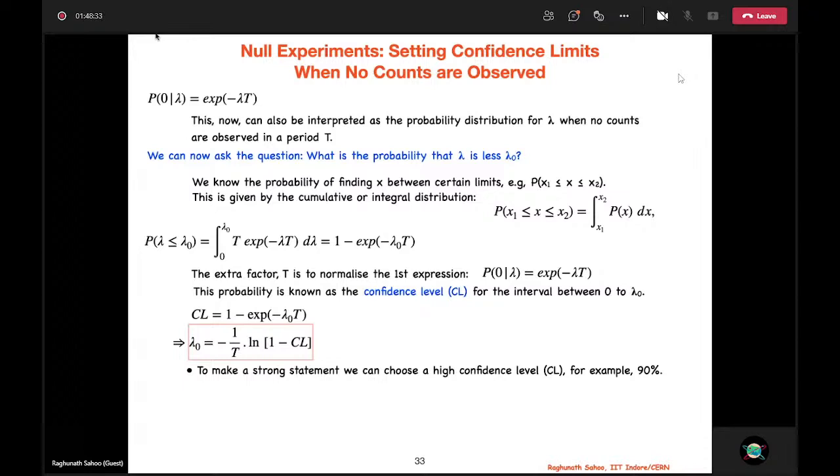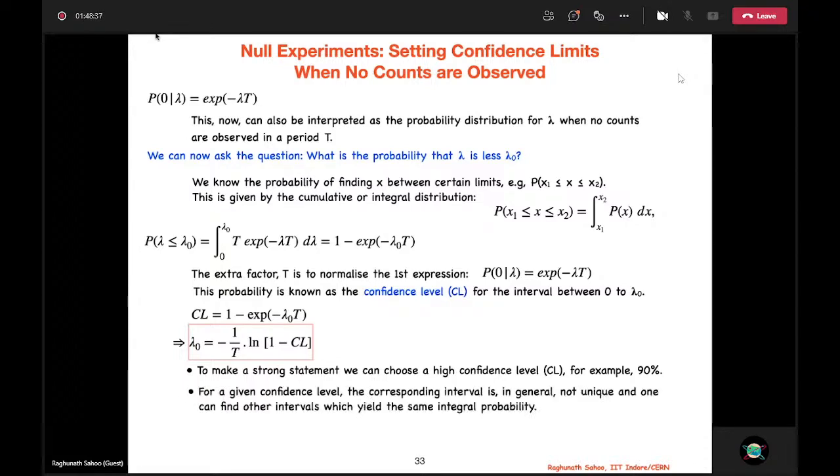For example, I should look into a 90% confidence limit. As I told you, for a given confidence limit, once I put 90%, the corresponding interval is in general not unique, because we are looking at the integral, the total number, and one can find other intervals which yield the same integral probability.